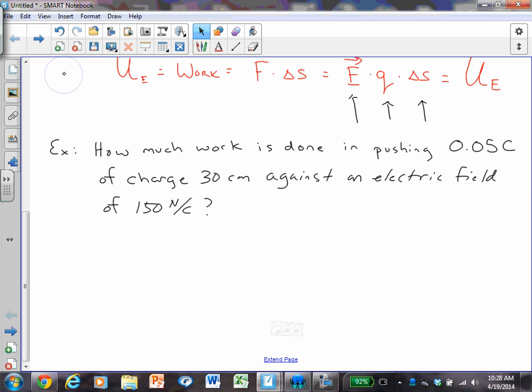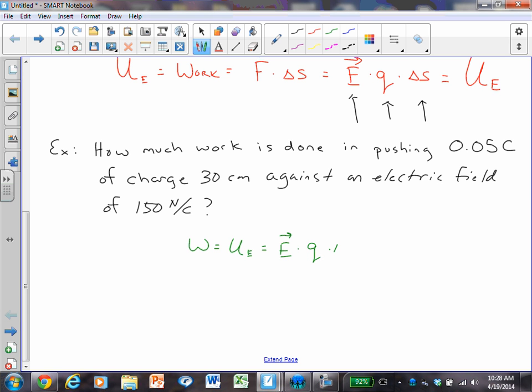How much work is done in pushing 0.05 coulombs of charge 30 centimeters against an electric field of 150 newtons per coulomb? Well, the work done will equal our electrical potential energy, E times Q times delta S. So the electric field is 150 newtons per coulomb, the charge is 0.05 coulombs, and the distance is 0.30 meters.